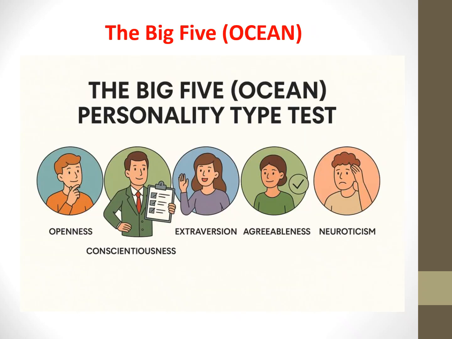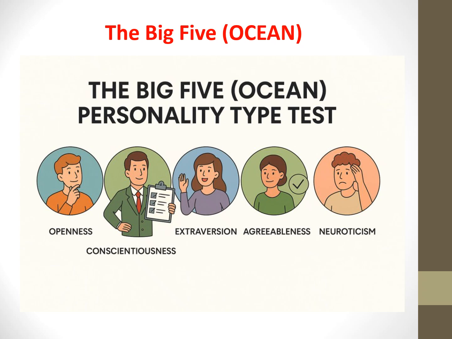The next personality test is the Big Five, OCEAN. OCEAN is expanded as openness, conscientiousness, extraversion, agreeableness, neuroticism. The most scientifically validated framework used in organizational behavior is the OCEAN, the Big Five personality test.